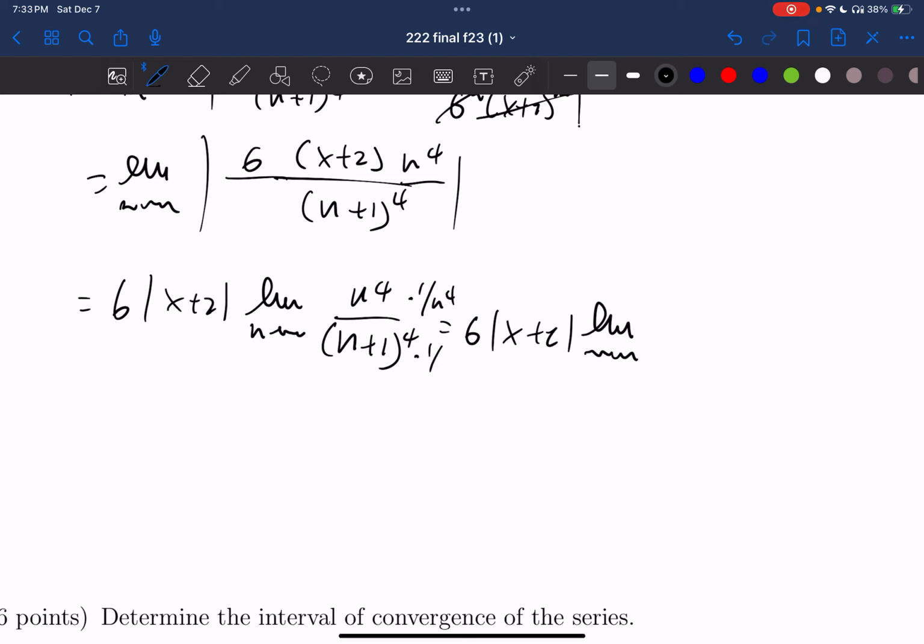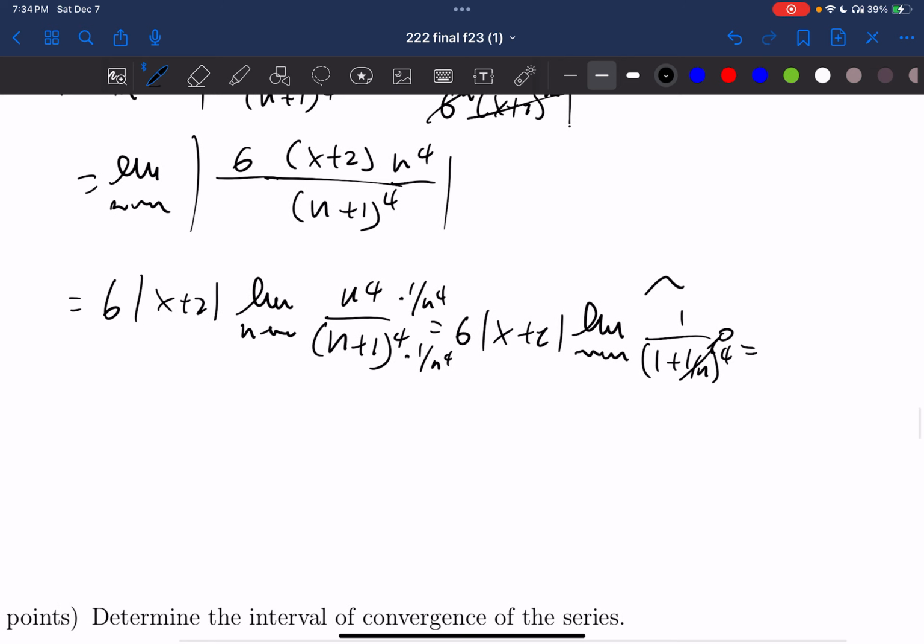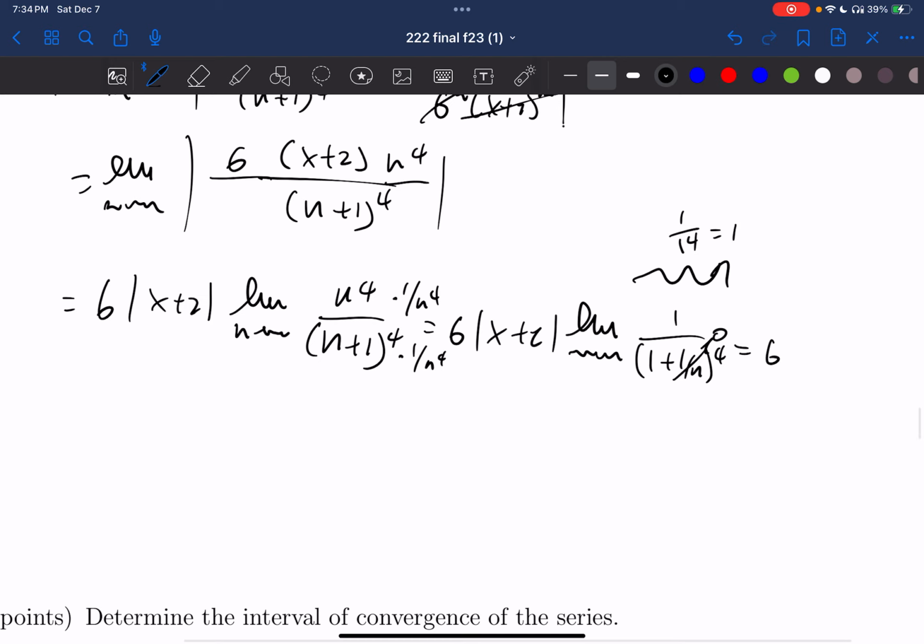Multiplying this, we will get 1 over 1 plus 1 divided by n to the 4th power, and this will go to 0, so it will be equal to 1 over 1 to the 4th power, which will just be equal to 1. So therefore we can ignore this term, which will just leave us with 6 absolute value of x plus 2.